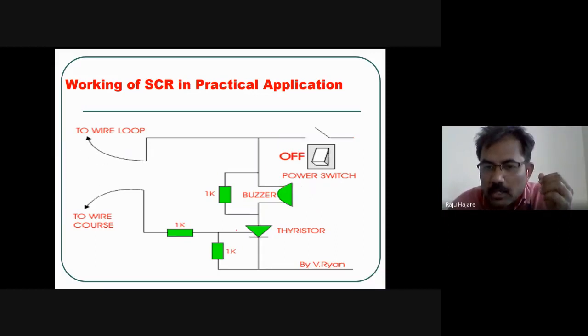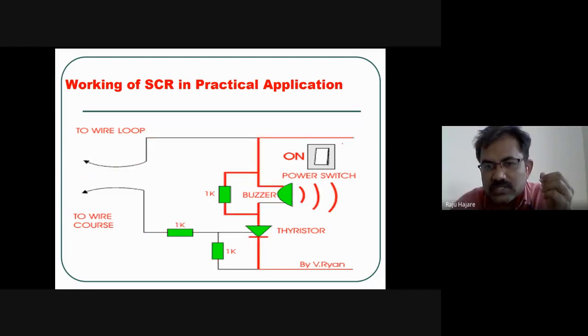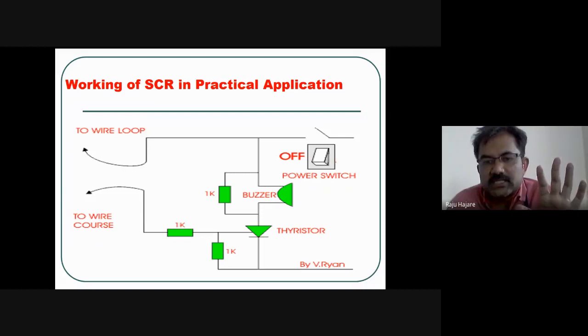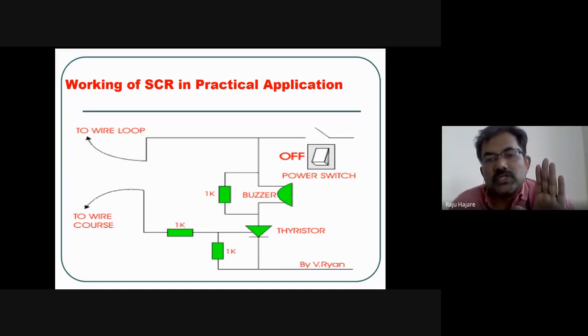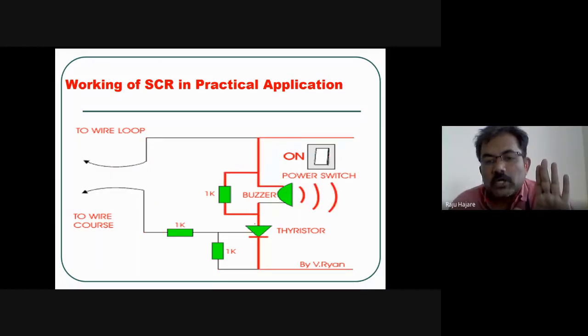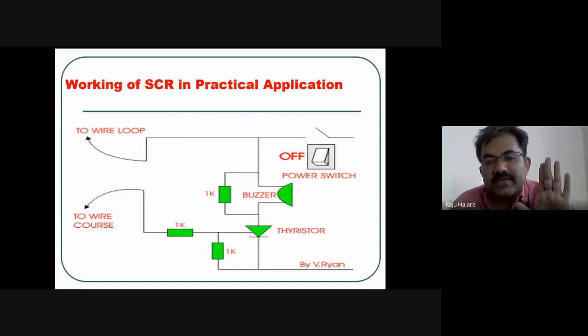What happens when the switch is on? Supply is available across this thyristor between anode and cathode, and the anode is connected through the buzzer to the switch. Whenever the switch is closed, the supply comes across the SCR, and the gate pulse also comes at the gate of the SCR.